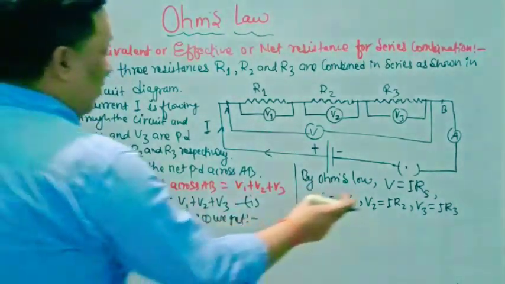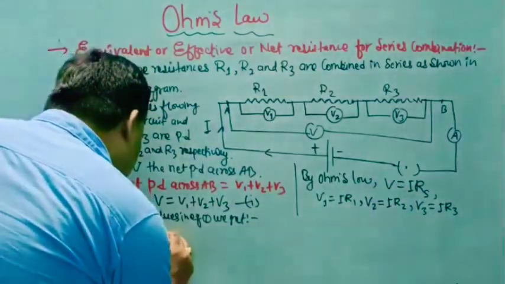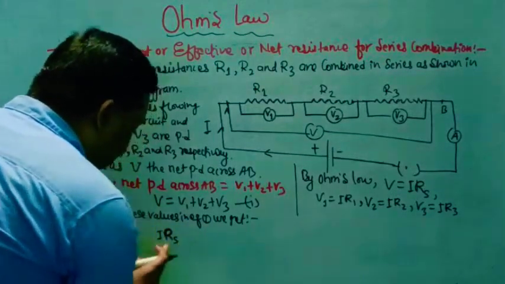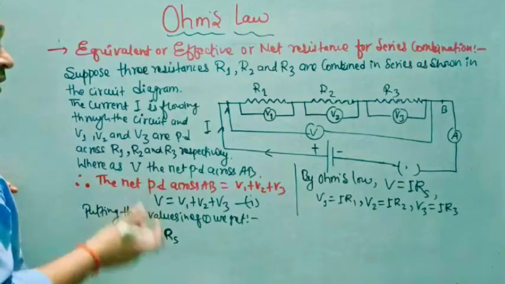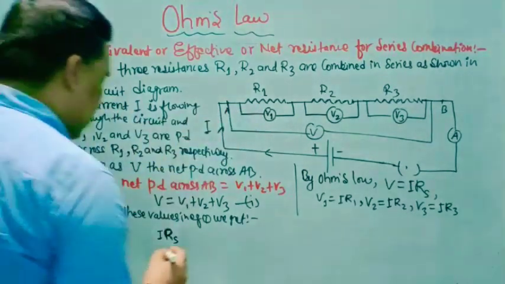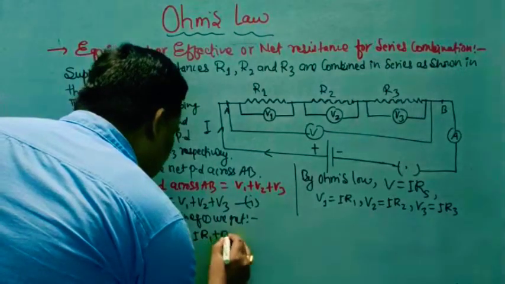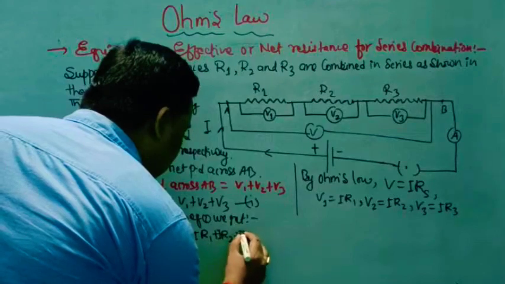So instead of V, we replace it by IRS, where RS is the equivalent resistance, effective resistance or net resistance for the whole combination, is equal to IR1 plus IR2 plus IR3.